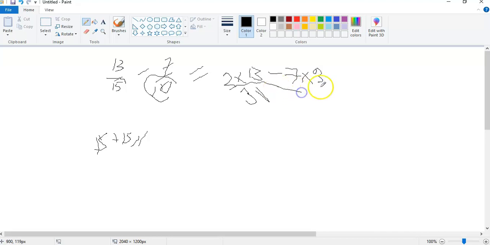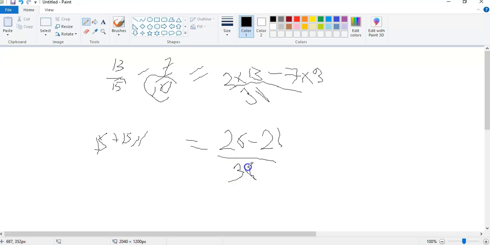Now we can simplify. 2 times 13 is 26, minus 7 times 3 is 21, all divided by 30. Like I told you, you need to master your multiplication.